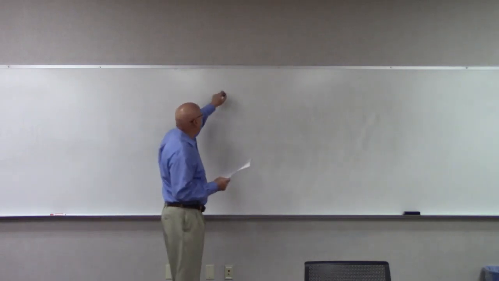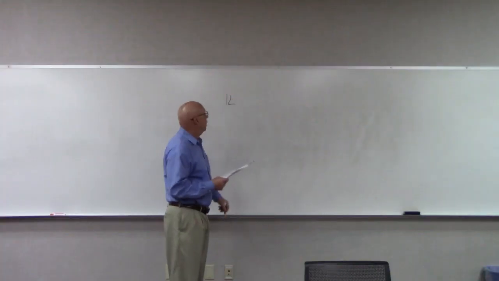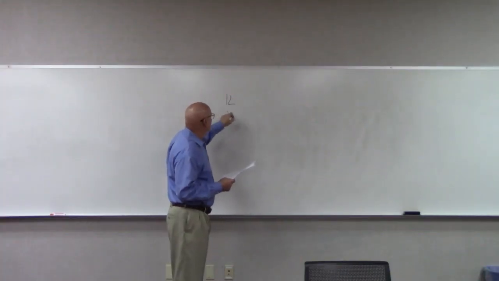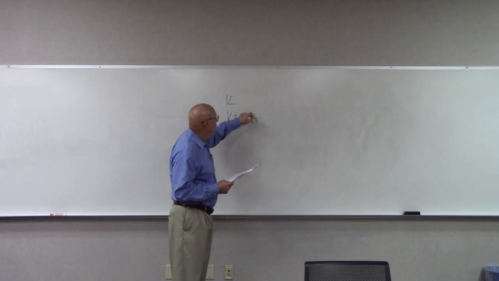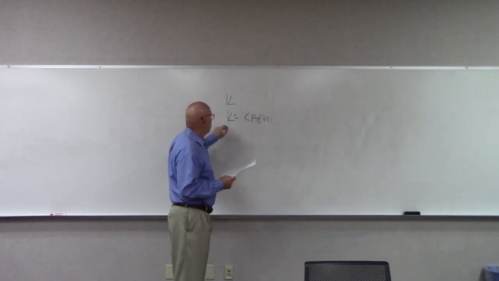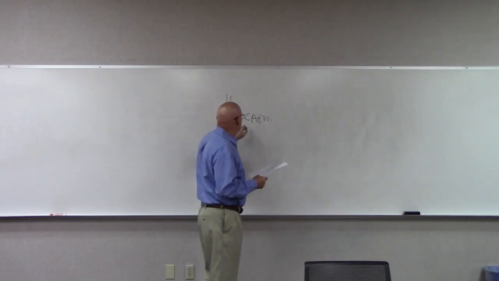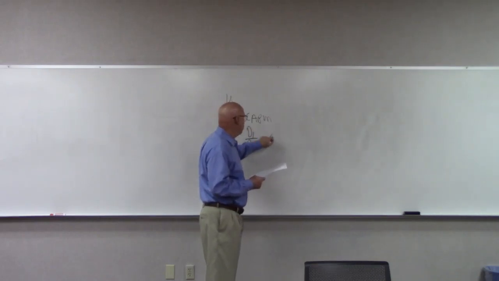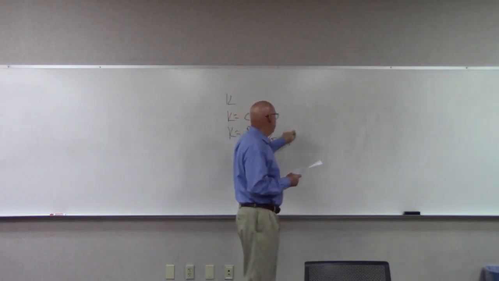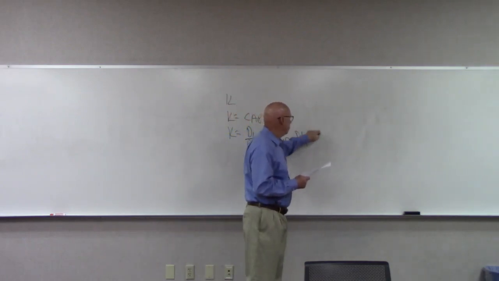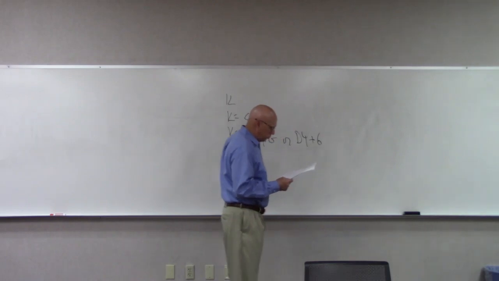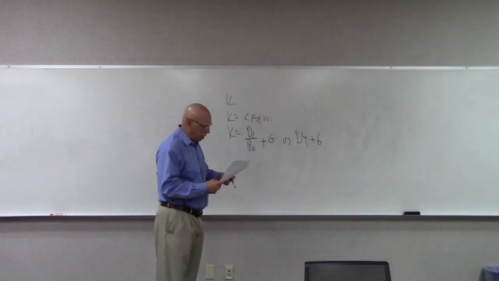So K, and K is equal to cap M. K is equal to D1 over PO plus G, or the dividend yield plus the growth rate. Okay?